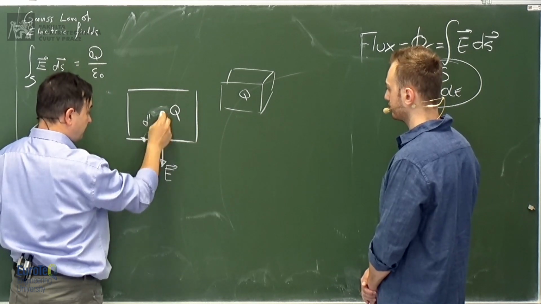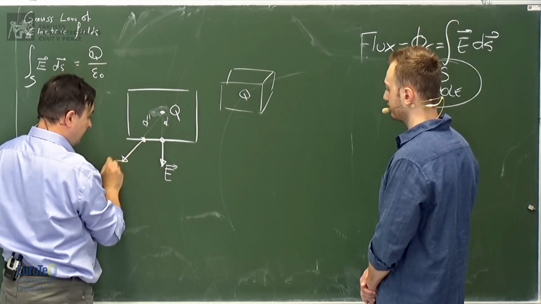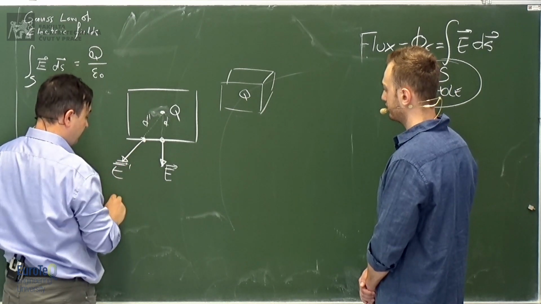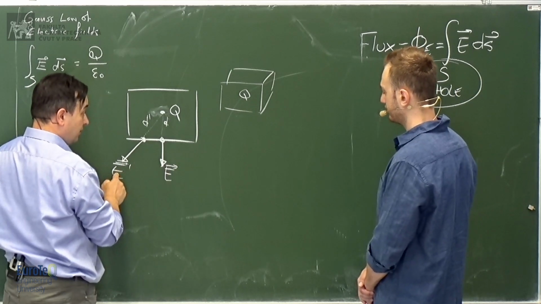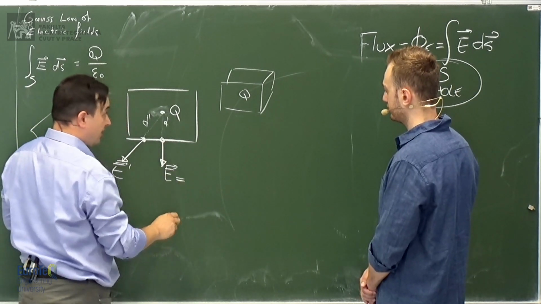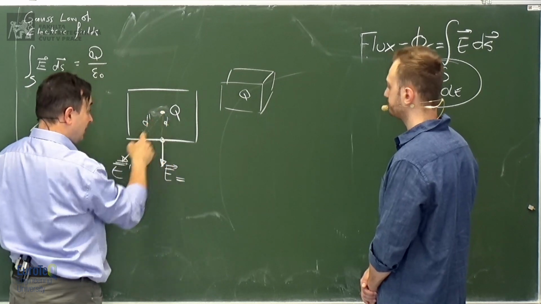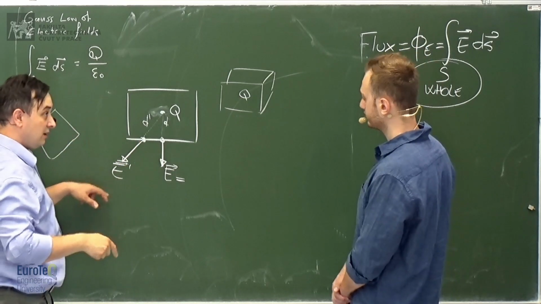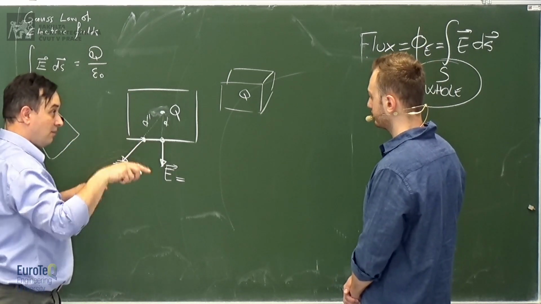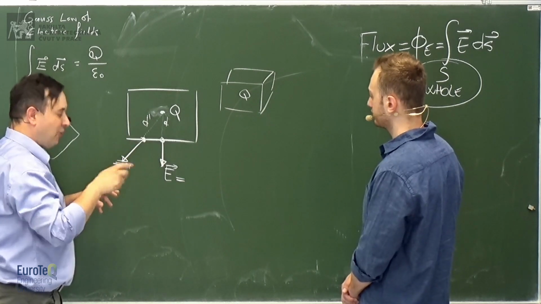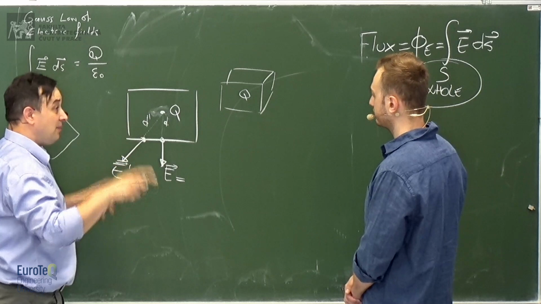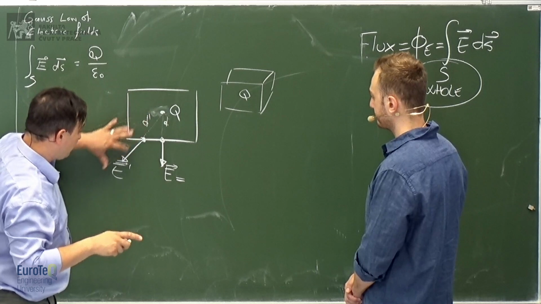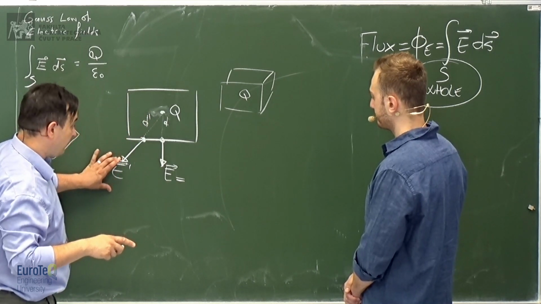So here the field will be E prime, which has another value, because it will be given by the force at this distance. Here the distance is larger and the force will be lower, because remember that the force is 1 divided by 4 pi epsilon 0, times the charge, divided by the square of the distance. So you are more distant, so the force will be lower, therefore the electric field will be lower.